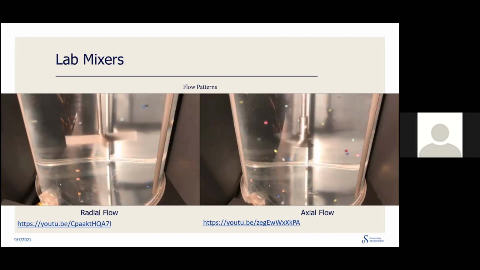As you can see here, this is the straight plate turbine creating radial motion within the fluids. But on the other hand, this is the paddle impeller, which creates the axial flow.